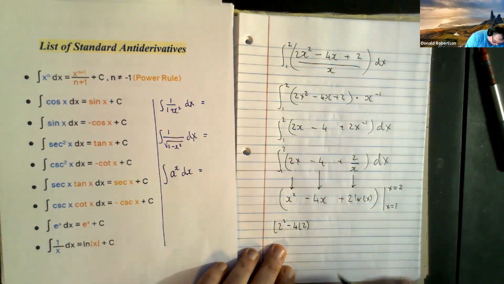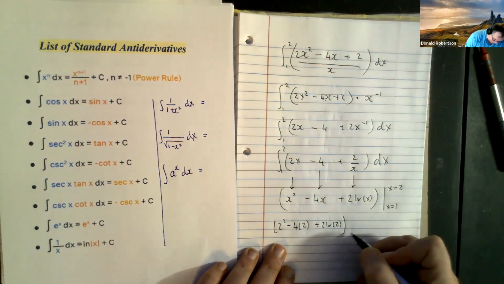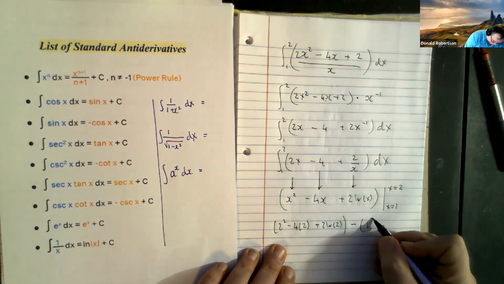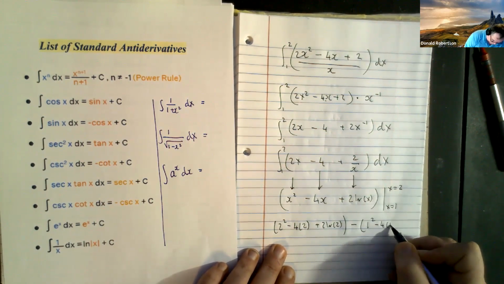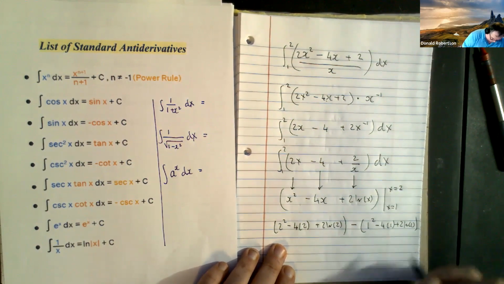Take away 4 lots of 2 plus 2 log 2. Subtract 1 squared, 4 logs of 1, 2 natural log of 1.